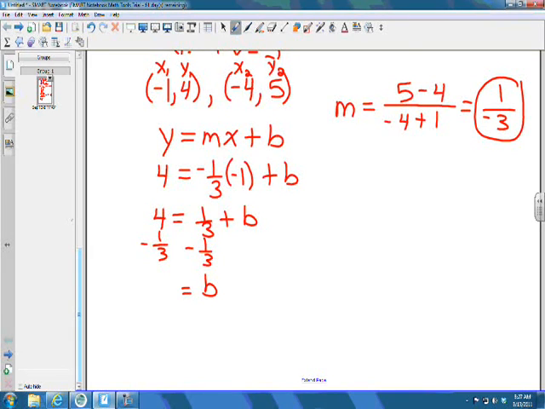I got 11/3. Make sure you put that in parentheses. The 4 minus 1/3 has to be in parentheses. So now we know m and b again. Plug them in.